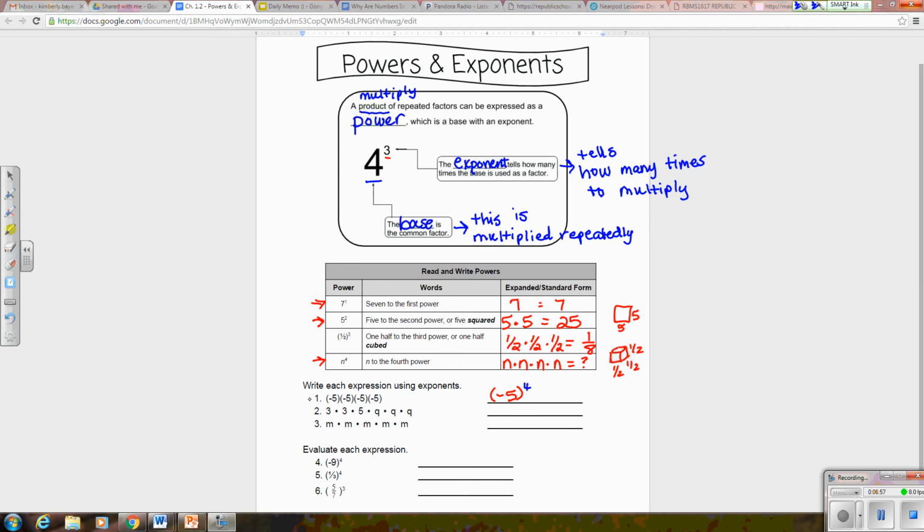Okay, now let's jump down here and let's look at this one. Not only are we going to evaluate it, or in other words, get it in standard form, we're going to write it in expanded form first so that we can do this. So -9 to the 4th power, what that means is -9 times -9 times -9 times -9.